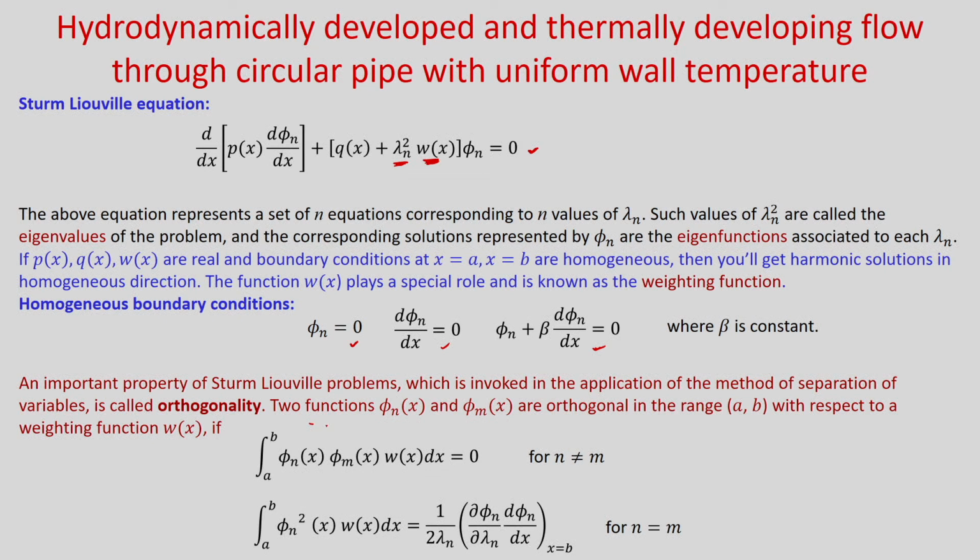The two functions phi n and phi m are orthogonal in the range a to b with respect to the weighting function w x if the integral from a to b of phi n phi m w dx equals 0 for n not equal to m. Today we will also use another important property, where n is equal to m: the integral from a to b of phi n square w dx equals 1 by 2 lambda n del phi n by del lambda n into d phi n by dx at x equal to b.